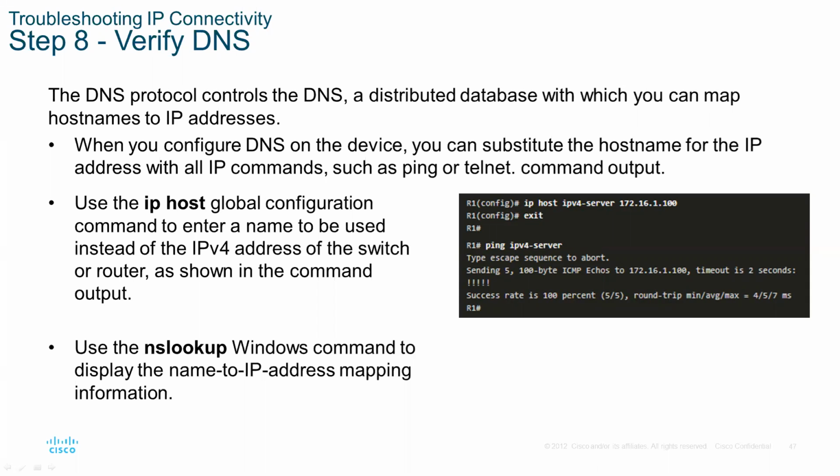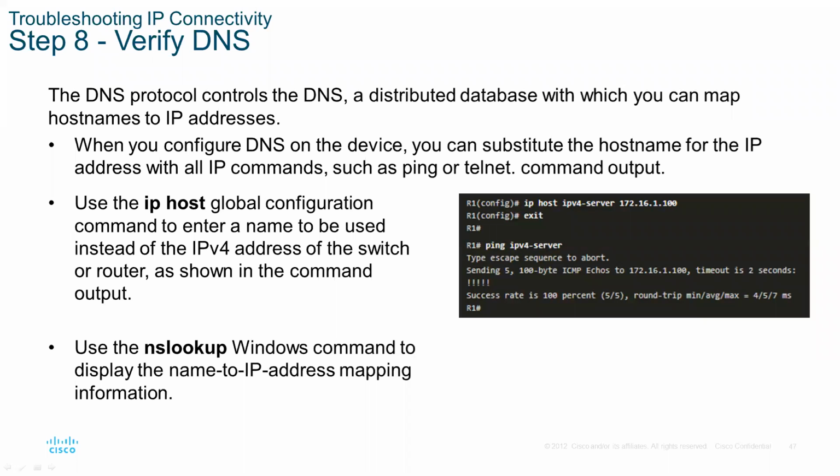We can use the IP host command to create our own DNS entries on our devices. We used to do this quite a lot in the earlier versions of the courses. One of the reasons we would create these individual DNS entries on devices is so that we can ping the device's name.